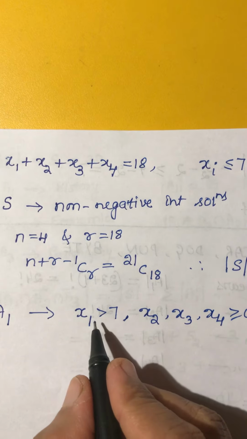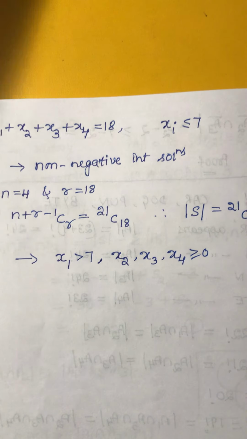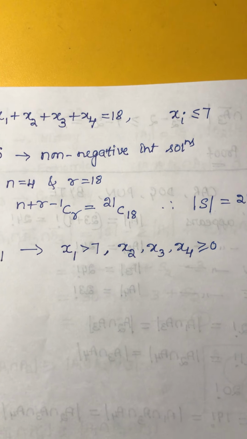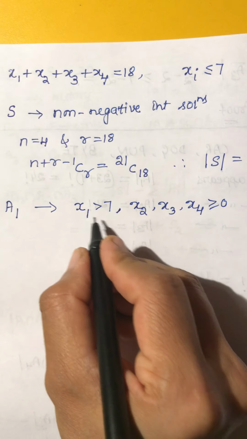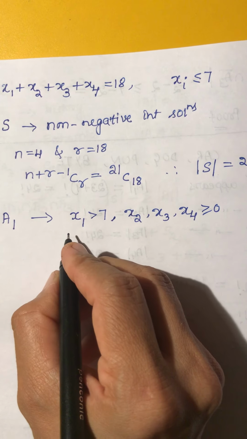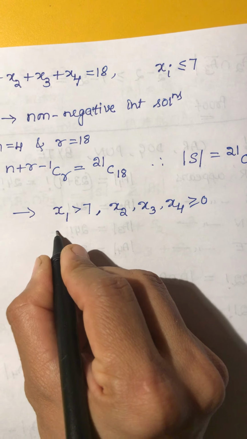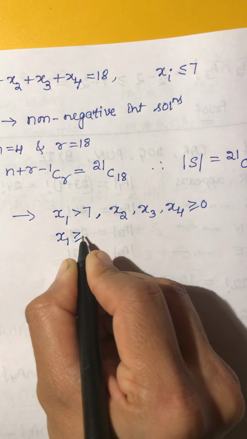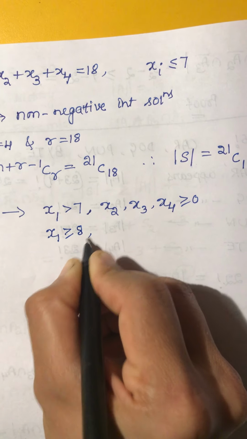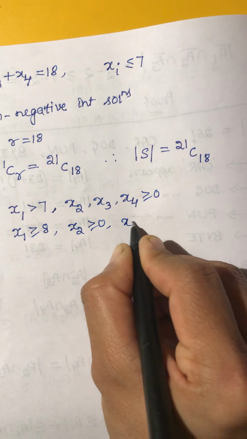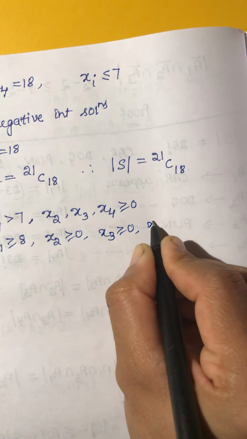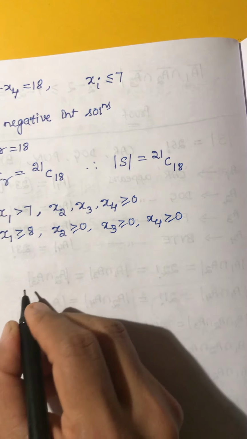We have done this kind of problem before. What do we do when x1 is greater than 7? We write x1 is greater than or equal to 8, then x2, x3, x4 are each greater than or equal to 0.